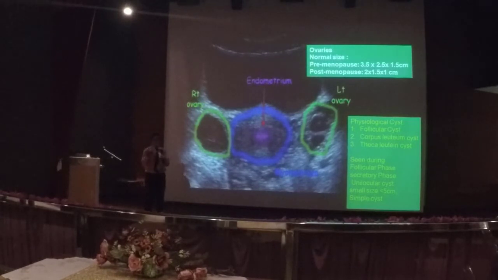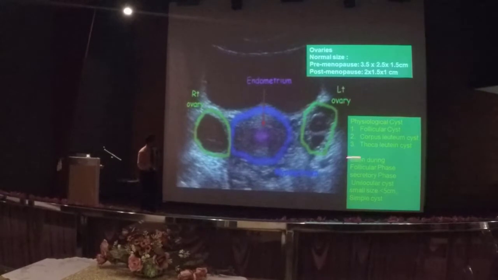After it releases the egg, the cyst in the ovary we call a corpus luteum cyst. So sometimes you get a theca lutein cyst. It can be seen during the follicular phase or secretory phase, but usually this physiological cyst is a unilocular cyst. It has only one locule. The size is usually 5 cm or less, or occasionally can go a bit bigger, up to 7 cm, but most importantly it is a simple cyst.